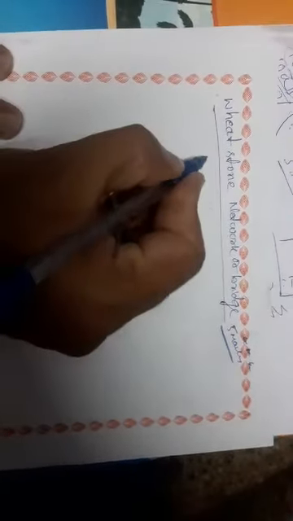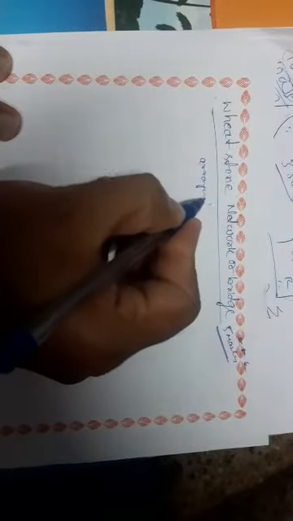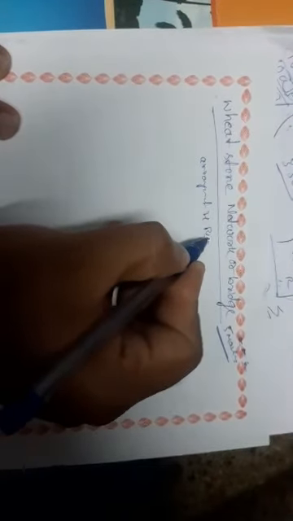The Wheatstone network means the arrangement of 4 resistors. Resistors means what? It is an electronic device that opposes the flow of current or charges.